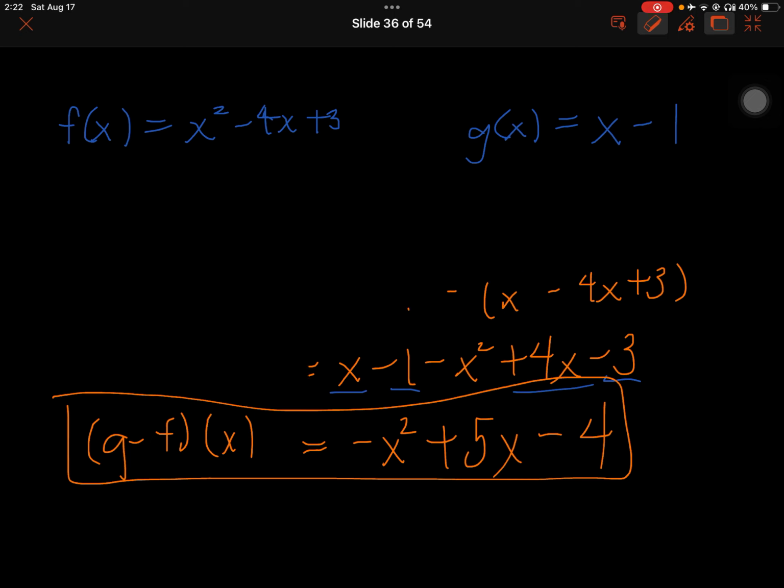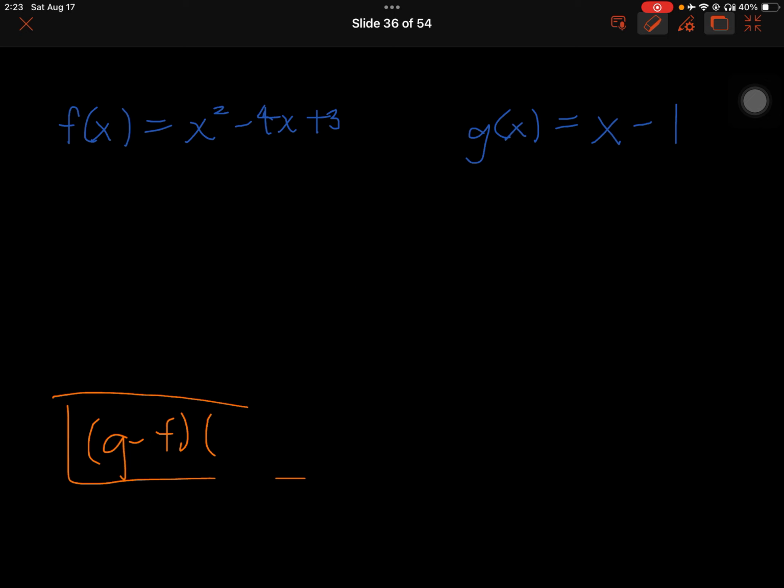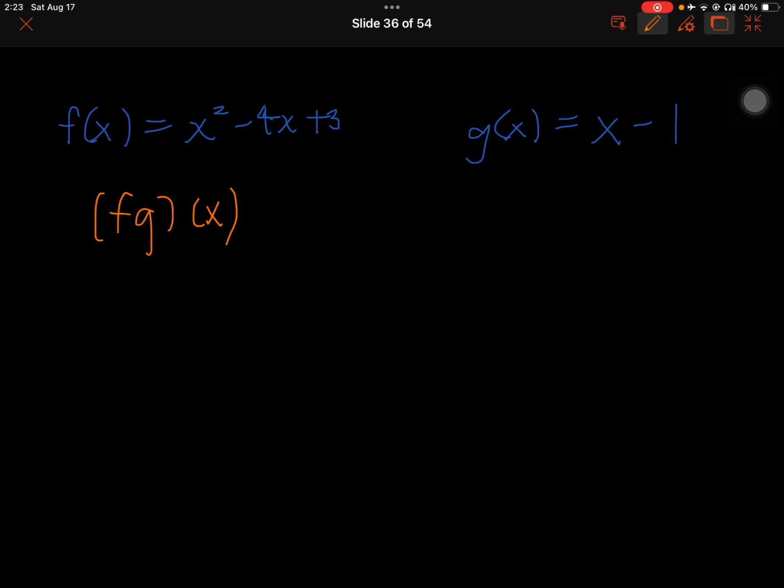So we're going to find the multiplication of the functions f and g. So fg of x is also equal to gf of x, all right? Since they are just the multiplication of each other, you can change the position, okay?